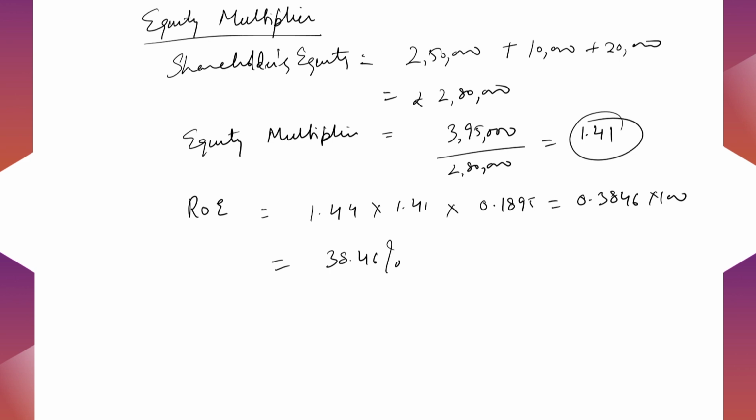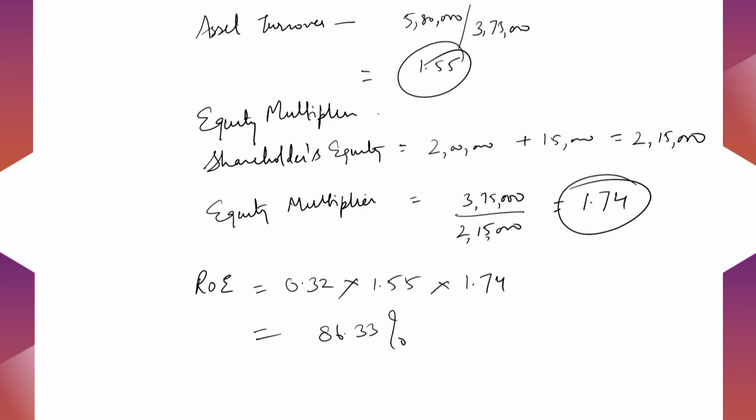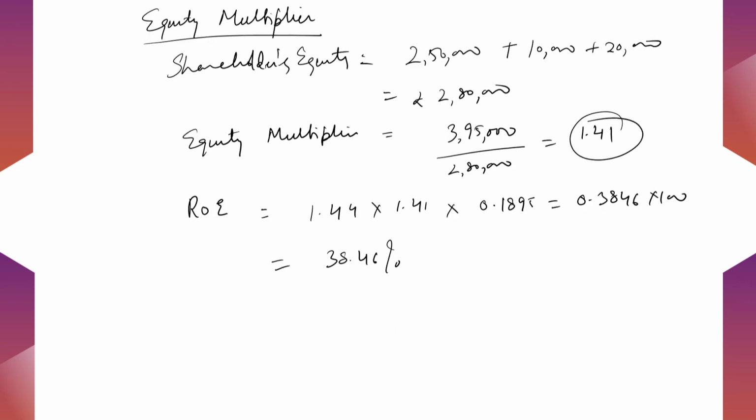Now we can compare and we can see that M Limited is having higher ROE, 86.33%, in comparison to Q Limited, which is showing ROE of just 38.46%, indicating that company M is using its equity more efficiently in order to generate profits.